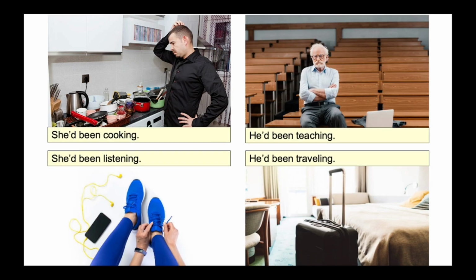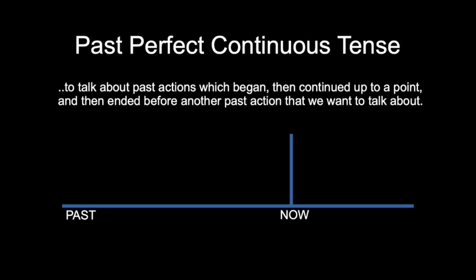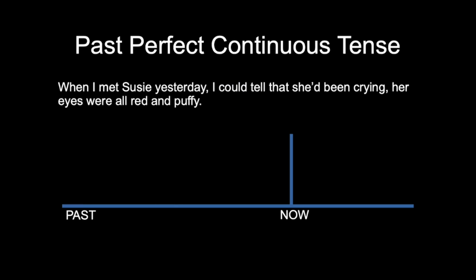And that's because we use the past perfect continuous mainly to talk about past actions which began, then continued up to a point, and then ended before another past action that we want to talk about. For example, when I met Susie yesterday, I could tell that she'd been crying.